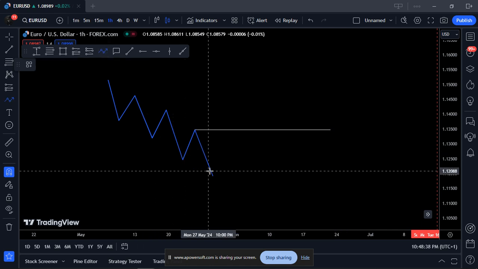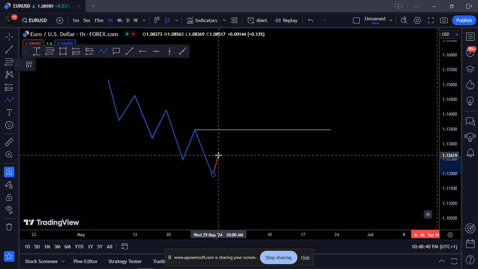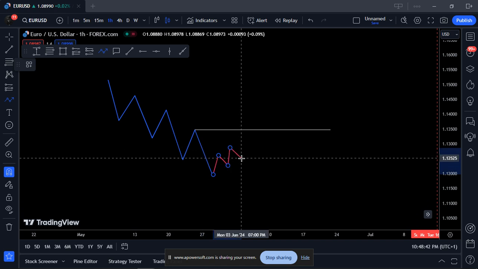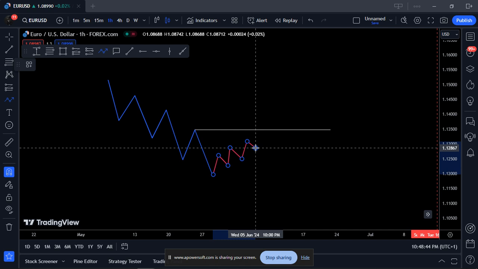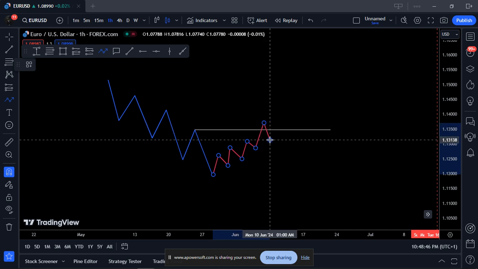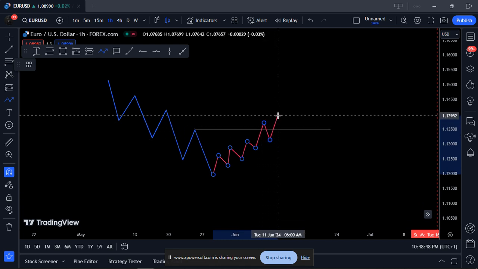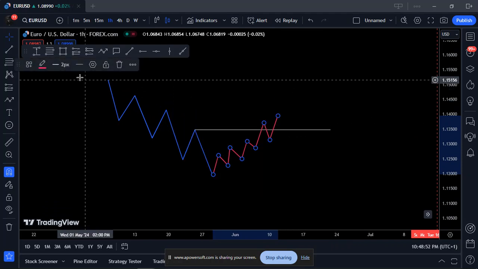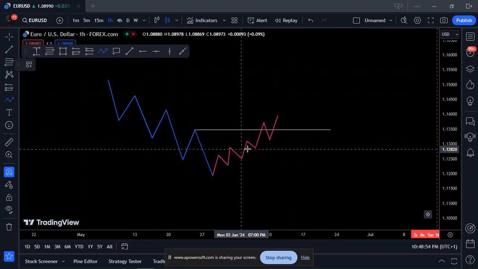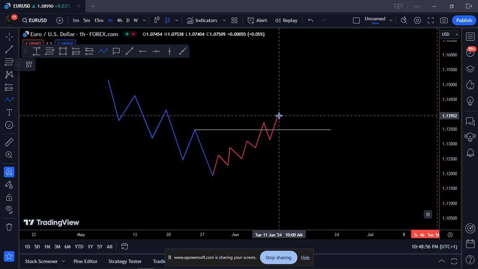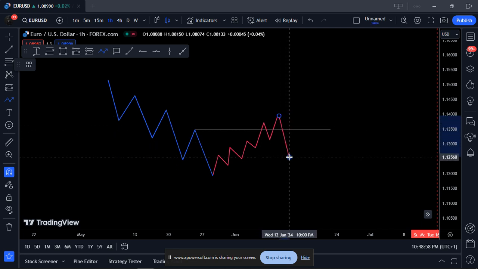What we look for in phase one is something like this. You see, it has been taken. This is what we look for in phase one. Then phase two, that's when we look for inducement to take place.